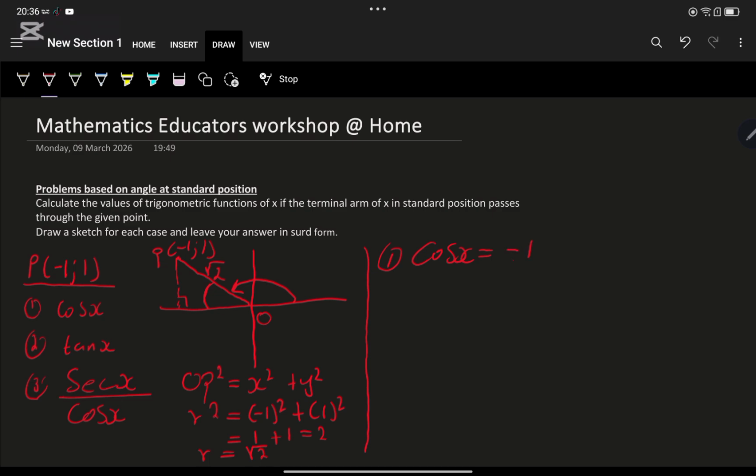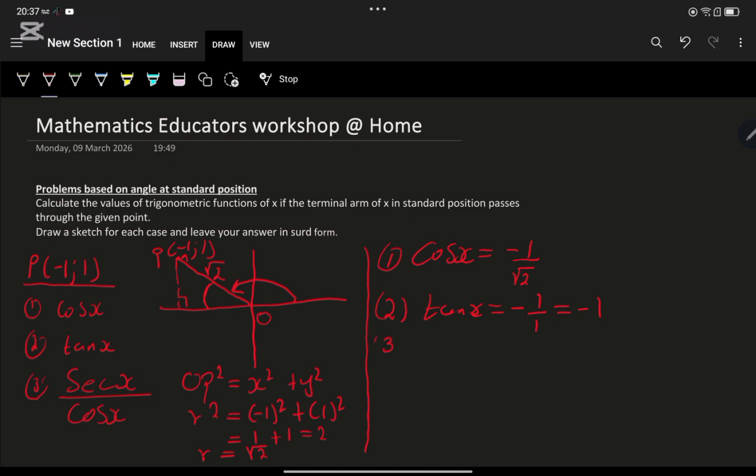That is -1 over the square root of 2. x is -1 and r is square root of 2. So that will be the ratio. The second ratio is tan x, and the ratio of tan is y over x. So that is 1 over -1, which is equal to -1.